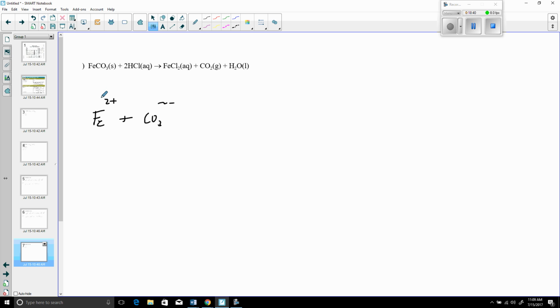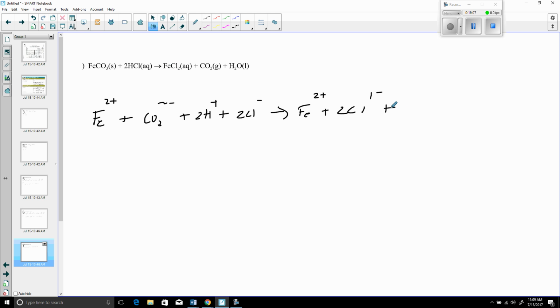And the reason we're breaking this apart is because it's reacting with this HCl. It's going to be dissolved in the hydrochloric acid, not water. Then we have 2H plus 2Cl minus. And that is going to give us Fe2 plus 2Cl1 minus. We know that because it's aqueous.